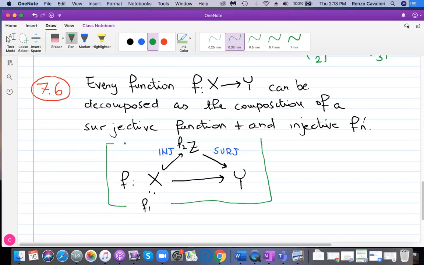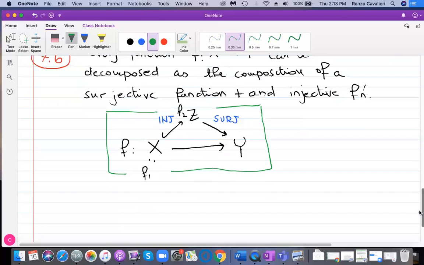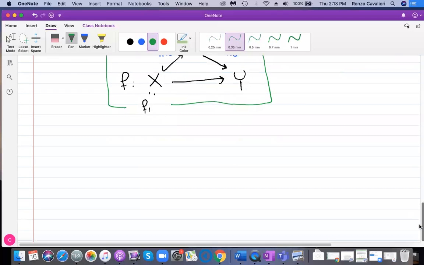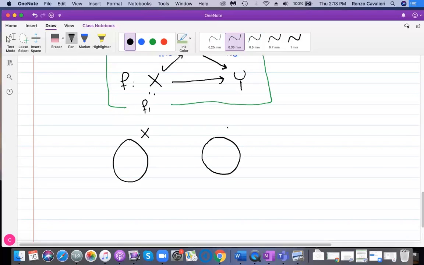And the nice thing is that this is not just some weird theorem. It's actually a quite natural fact, but it comes from understanding functions well. So let me try to illustrate things with an example. Let's pick a function which is neither injective nor surjective, where x and y are pretty small sets. Maybe x has two elements, a and b.